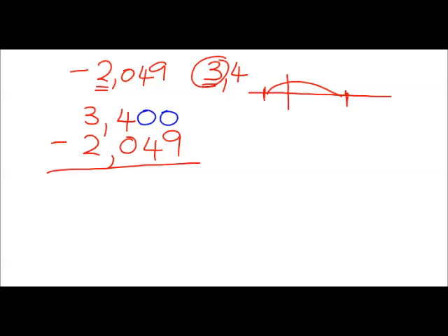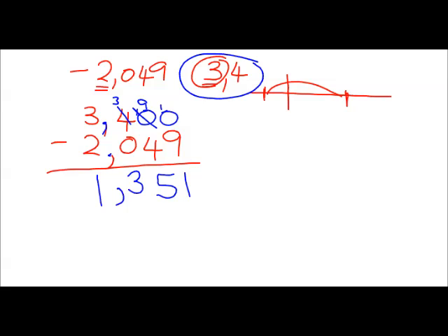I cannot take 9 away from 0, so I borrow. 4 becomes 3, 10 becomes 9, 10 take away 9 is 1, 9 take away 4 is 5, 3 take away nothing is 3, commas underneath each other, 3 take away 2 is 1. Is it positive or negative? We had positive 3,4, negative 2, so it is positive. So the difference would be 1,351.